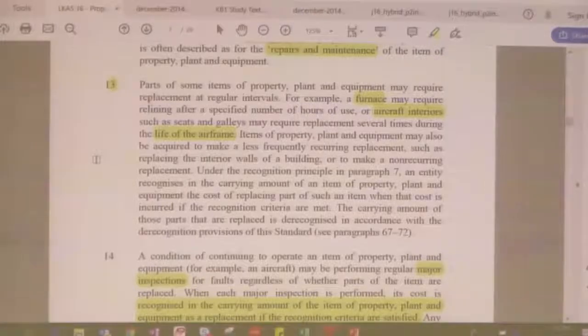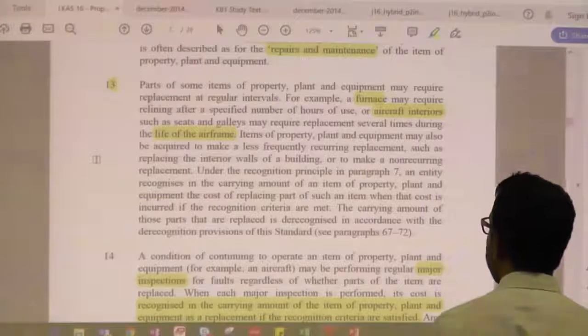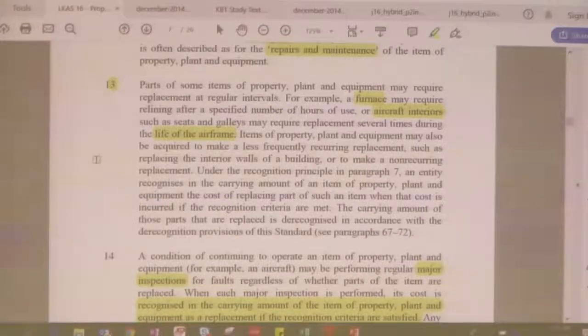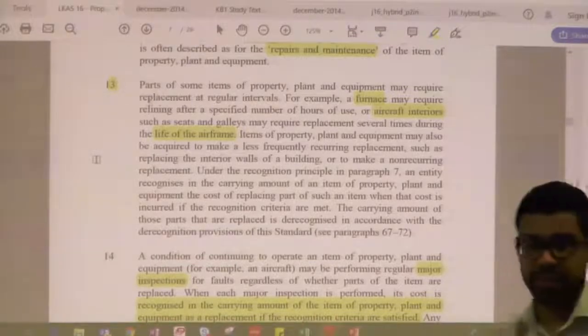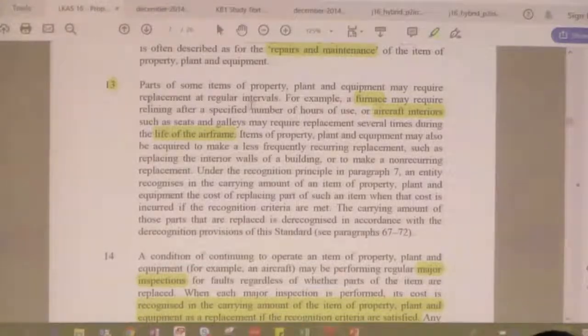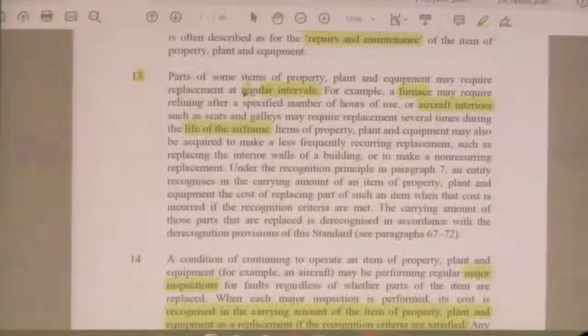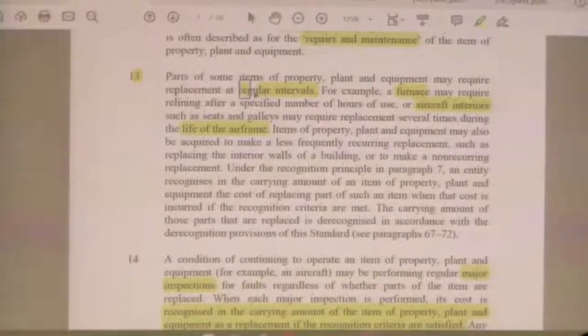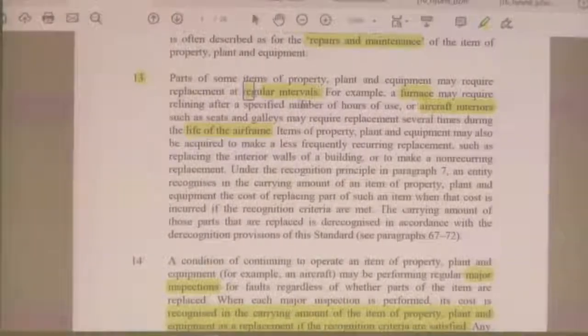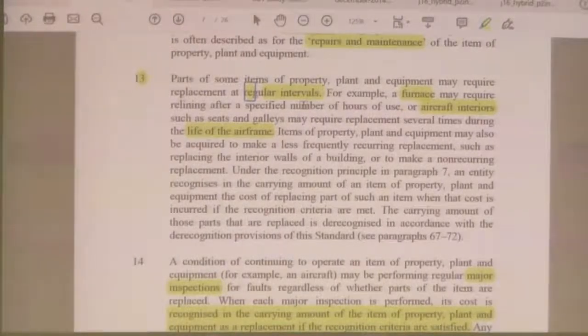again, they are talking about subsequent cost, right? Parts of some items of property, plant and equipment may require replacement at regular intervals. Underline the words regular intervals. You may be required to replace some parts of your assets at regular intervals.